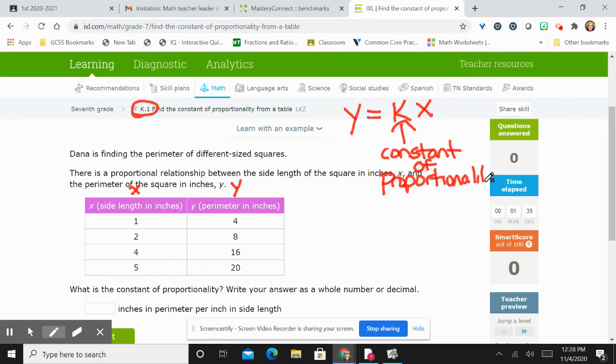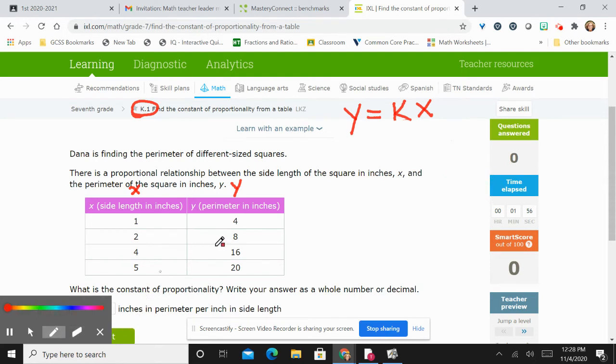So when we're looking for K, we have to get K by itself. Remember, isolate the variable. So I'm going to erase just this part and leave the K equals, because we're going to use that a lot.